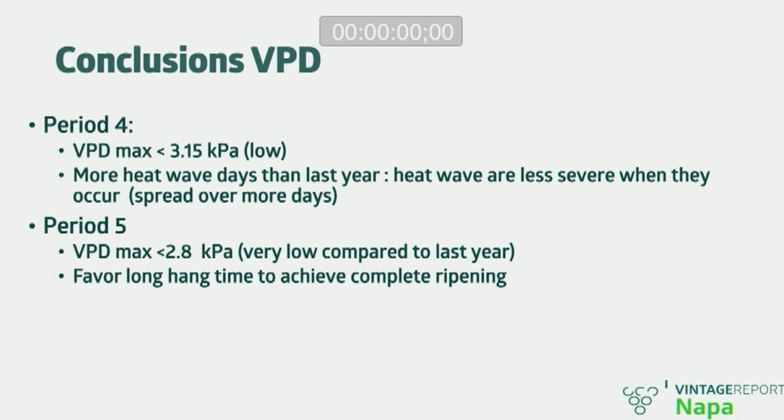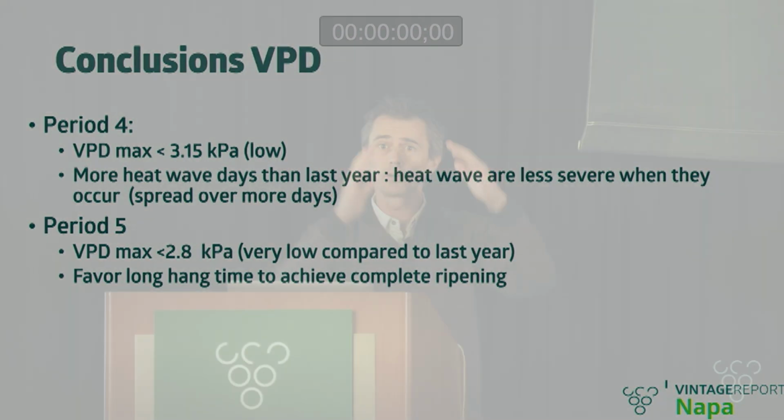Why? Because on average, the peak VPD is low, 3.15. We had more heat wave days than last year for a lower average VPD. In other words, even when we had a heat wave, it was less brutal, less severe, because the heat waves have been spread over more days.